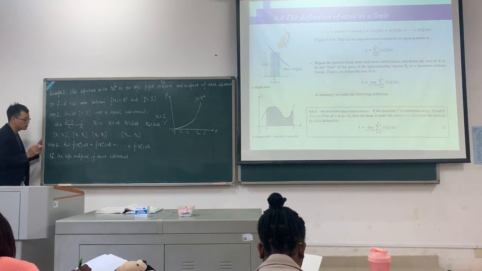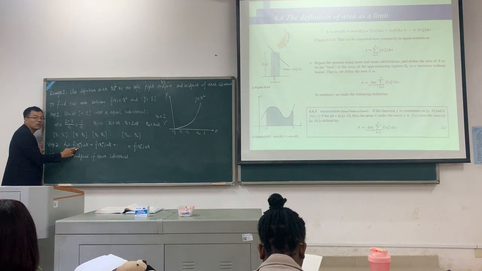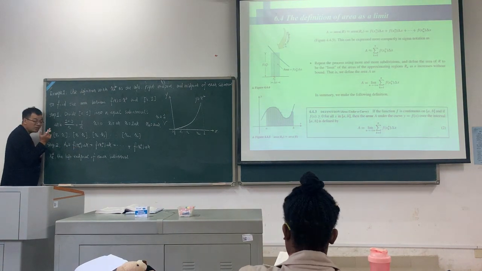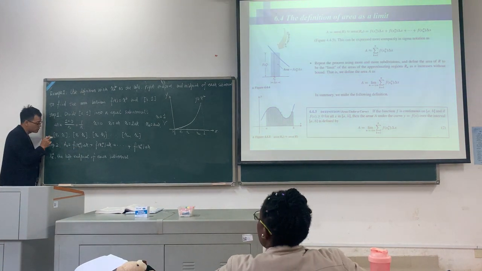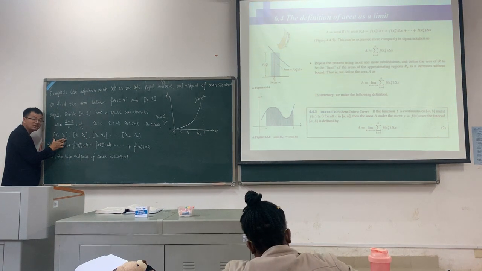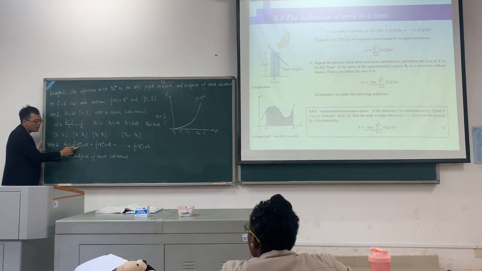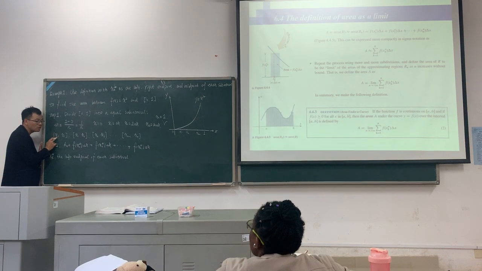So what does it mean? x1 star is equal to what? We choose the left endpoint. The left endpoint of the first subinterval is what? x0. So x1 star is x0.